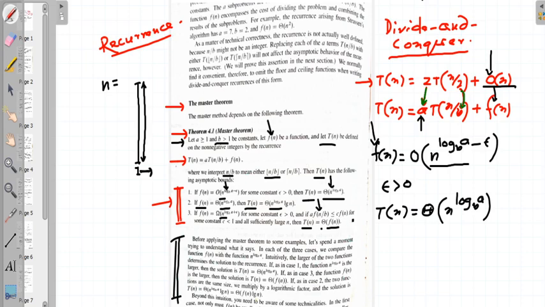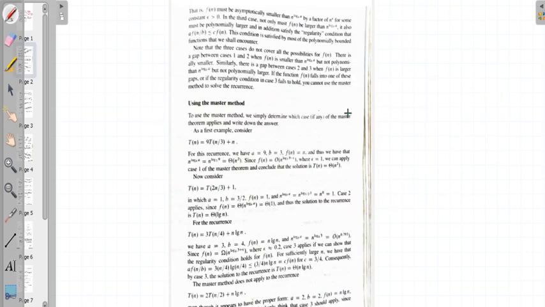So now you check examples. Let us see what is happening. As a first example, consider T(n) = 9T(n/3) + n.